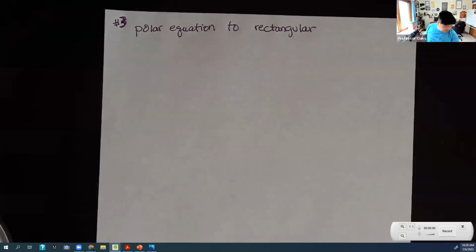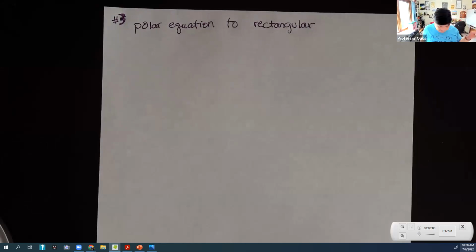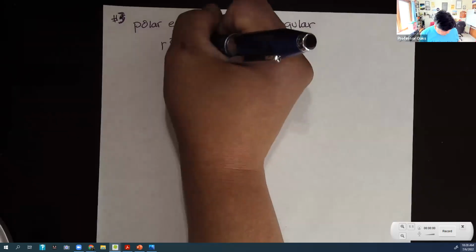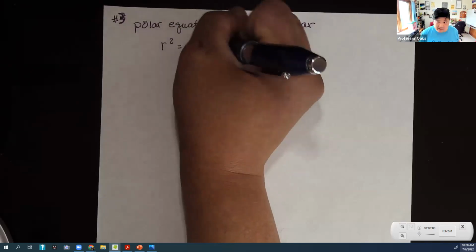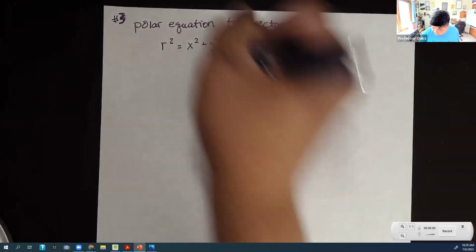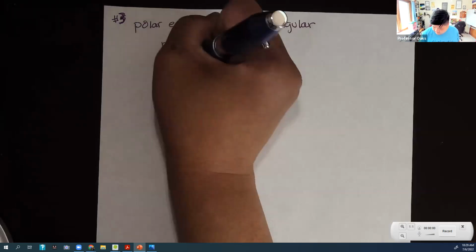The formulas for polar to rectangular are r squared equals x squared plus y squared, and tangent of theta is y over x.